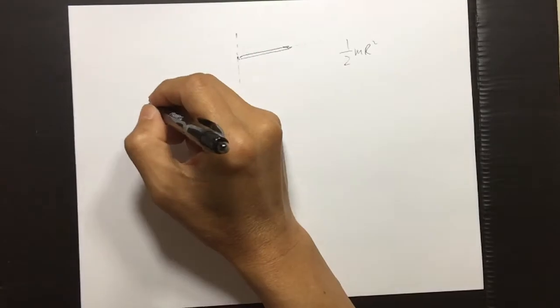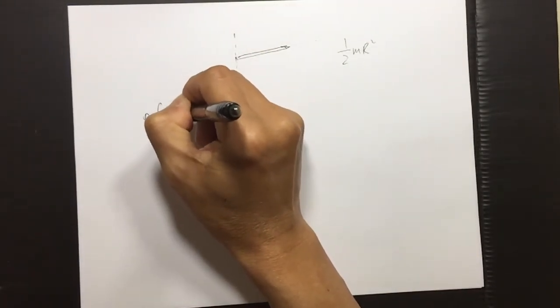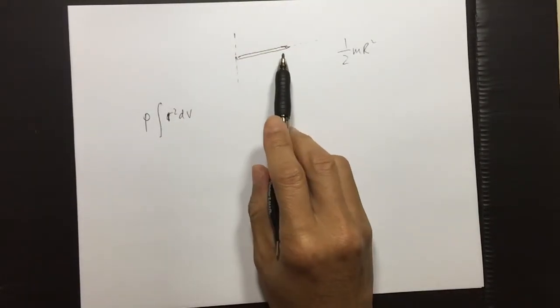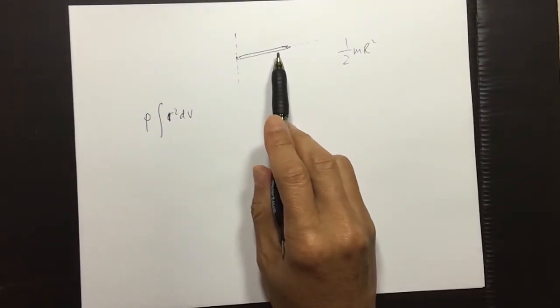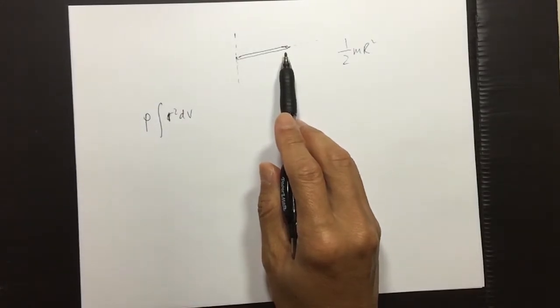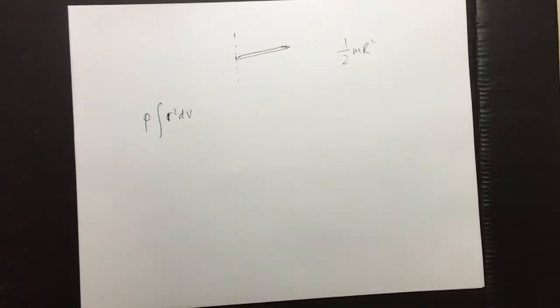So the same thing: rho r squared dV. This time there's an area, obviously, and there's r that goes out, or x. Let's call it x, because it goes from A to B. We call it x when we do rotational, and xyz when we do translational.